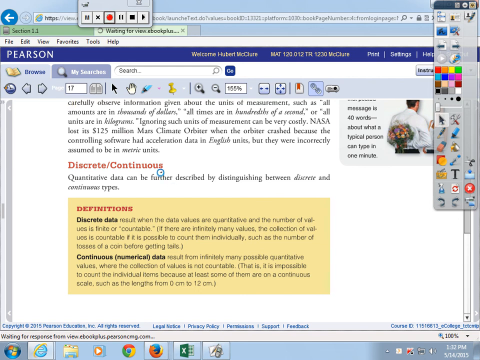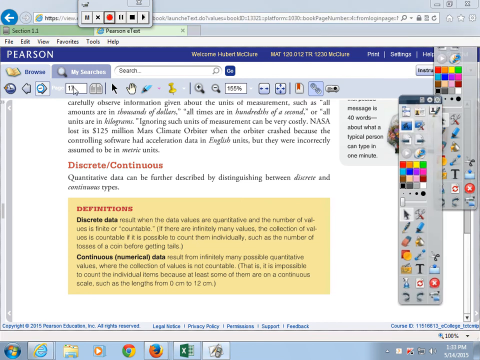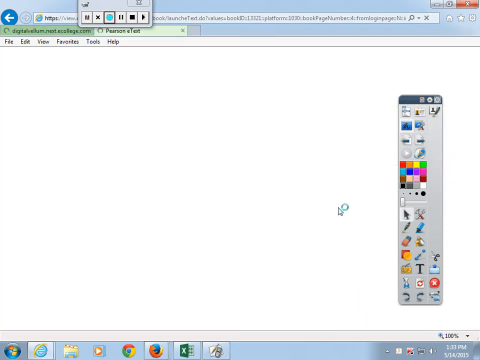Okay, now we're locked on page 17. Okay, this is good. I'm not going to do anything. Yeah, I got all kinds of things running up here. Probably gonna blow up.